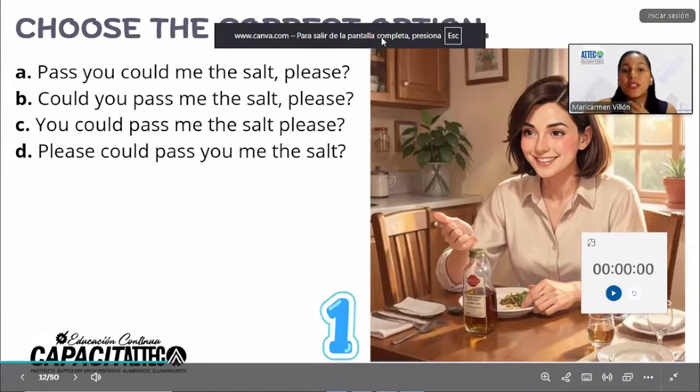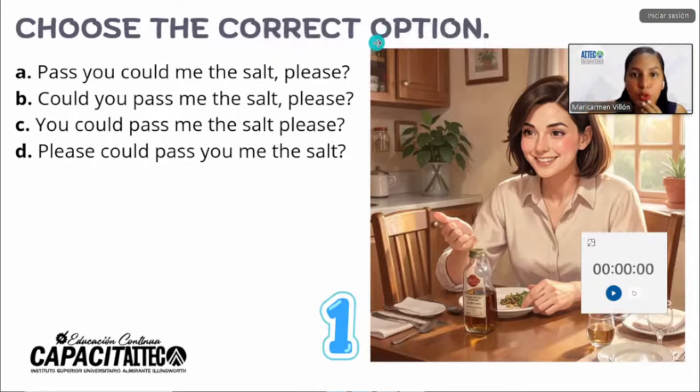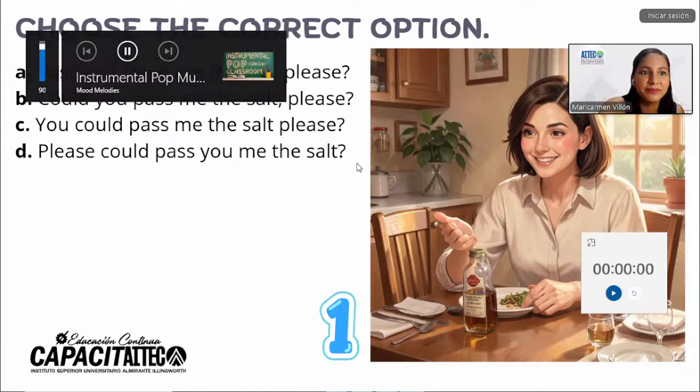Look, it says choose the correct option. How do we start a question? How do we start a polite request? ¿Cómo dijimos que arrancamos una petición amable y cortés? Yo veo ahí una que empieza con el verbo, otra empieza con el pronombre, otra está el please ahí. Great.